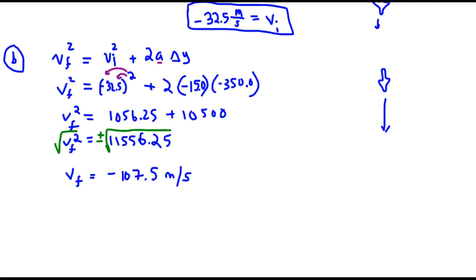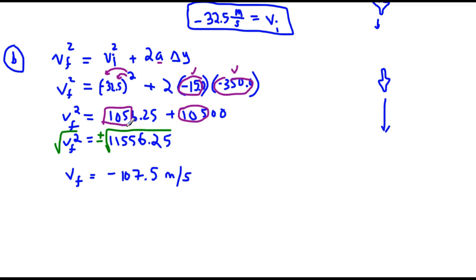Okay, now sig figs. Well, this is 3 sig figs, so when I square it, the answer would have 3 sig figs. It would just be 106, and then that would be a 0. And these have 3 sig figs each. The 2 has no sig figs. It's an exact number. So my answer, oh no, this has 4 sig figs, and this has 3. So when I multiply, I give it the fewer number of sig figs, 3.